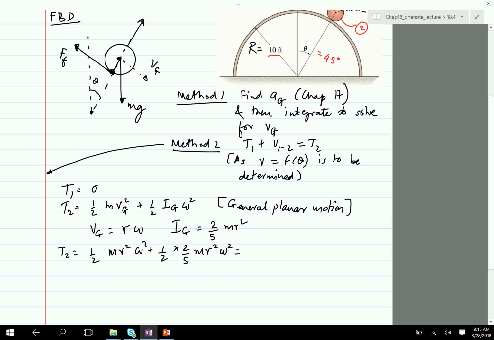If you do the simplification on that, I think you should get 7/10 m r squared omega squared.